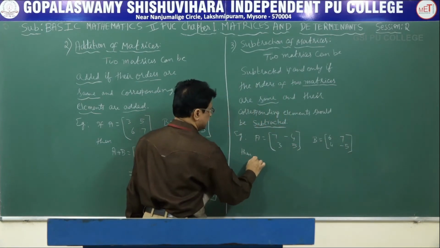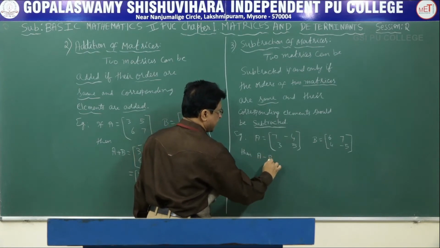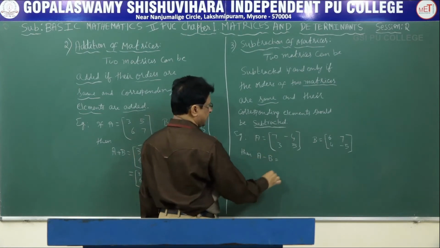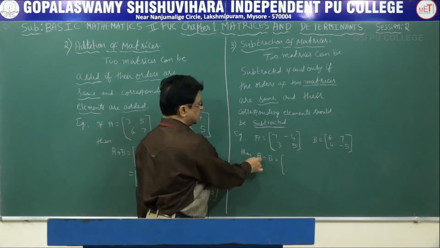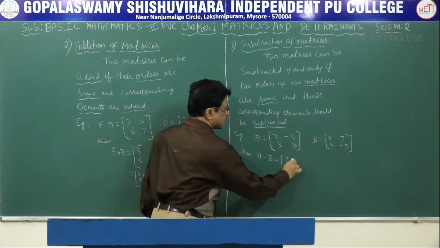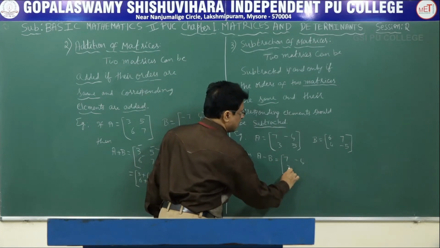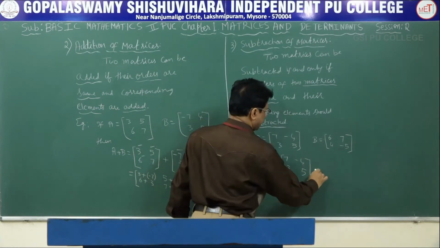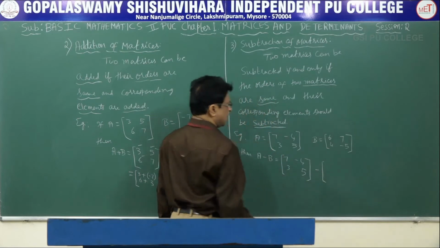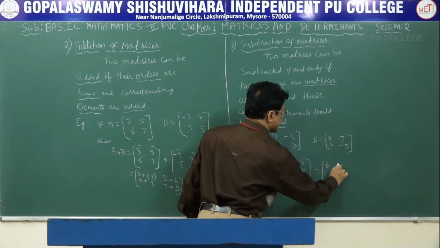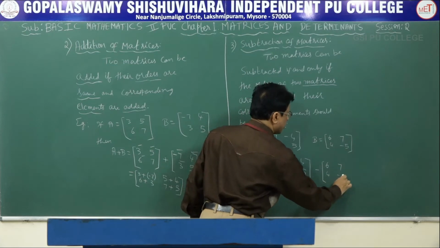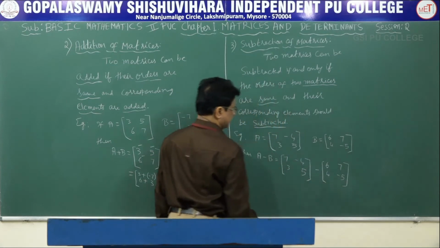Then A minus B will be equal to, so first we shall write matrix A, 7, -4, 3, 5, minus matrix B we have to write. Matrix B is 6, 7, 4, -5.